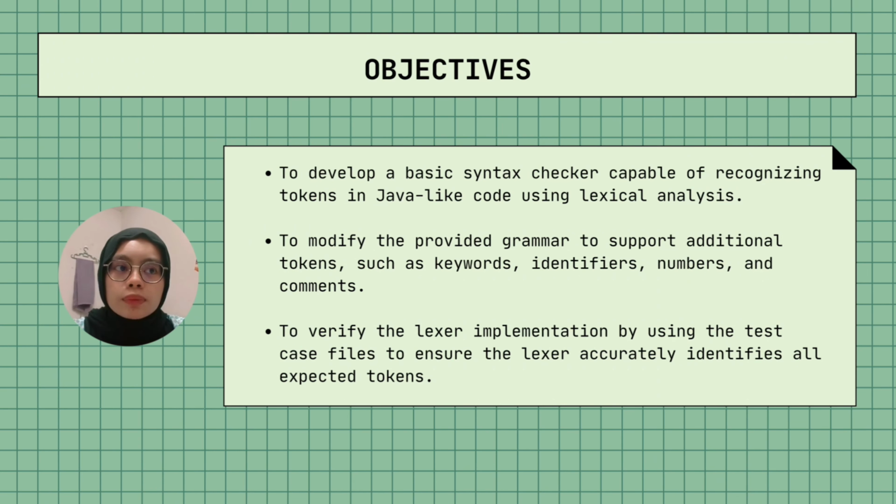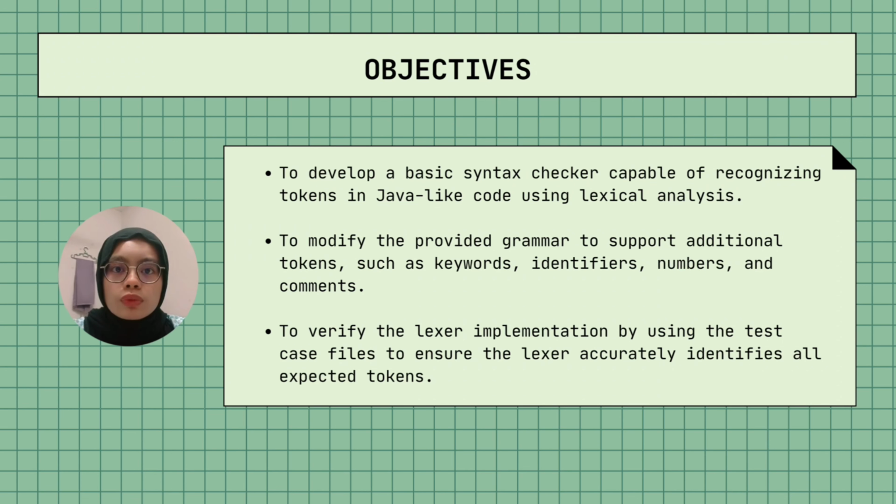This means the program should be able to scan the source code and identify each word or symbol as a token. Next, we aim to modify the existing grammar file to support more tokens, including keywords like if, while, and return, identifiers like variable names, numbers, and both single-line and multi-line comments.